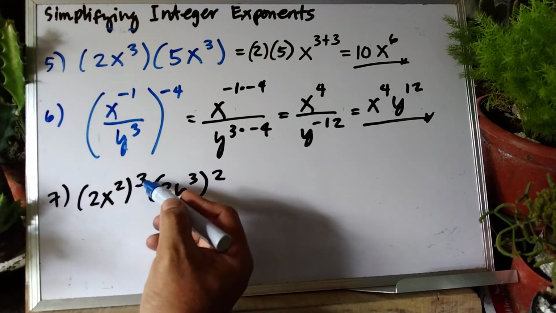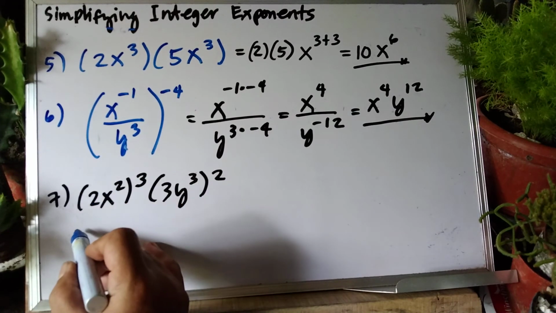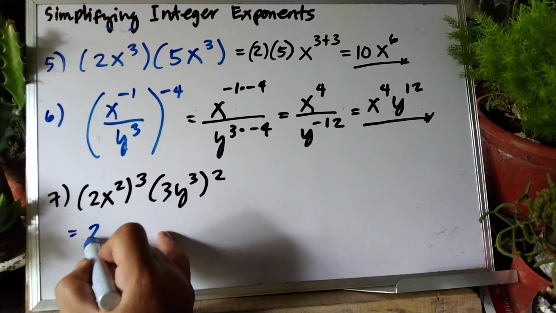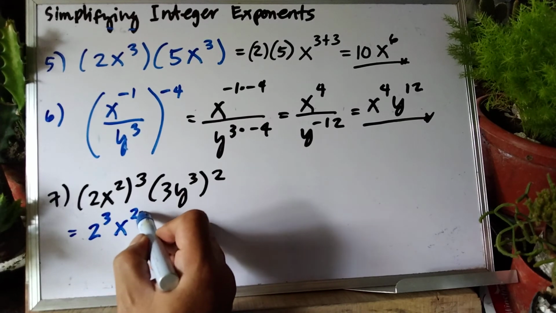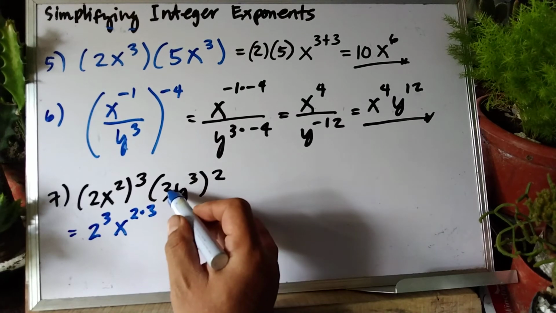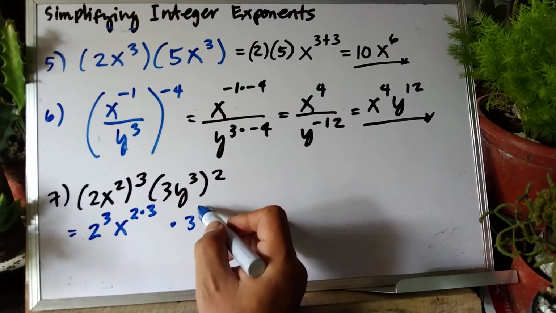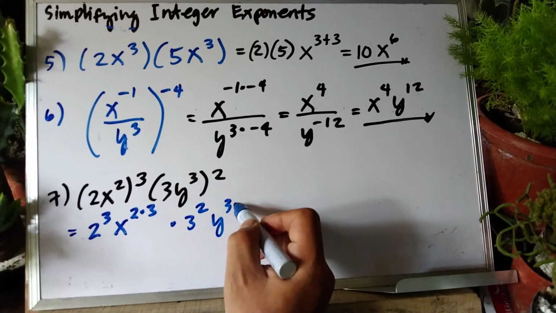Okay, first is we need to distribute 3 here to each number, no? So you have here 2 cubed x 2 times 3. Okay? Times, kanina po siya, distribute the exponent, 3 squared y 3 times 2.